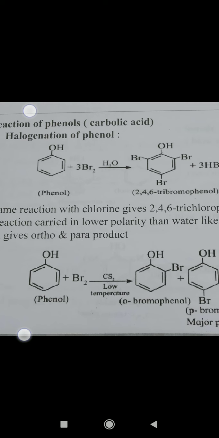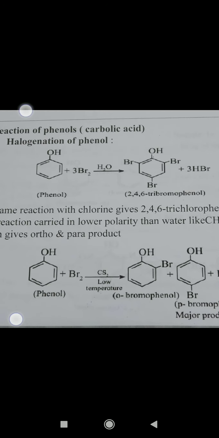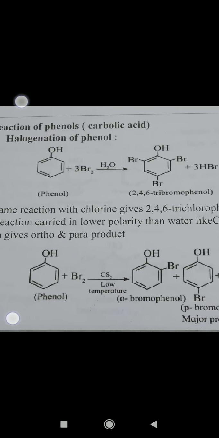Now we'll see some reactions of phenols. Phenol is also known as carbolic acid. First reaction, halogenation of phenol. Phenol, when it reacts with bromine water, gives 2,4,6-tribromophenol.